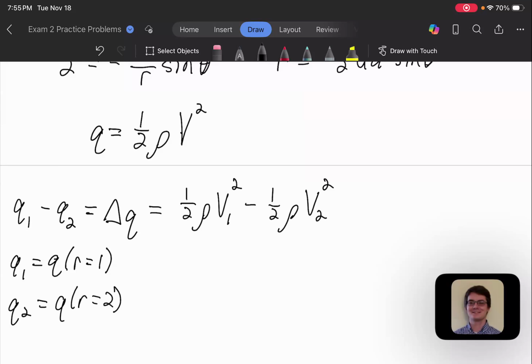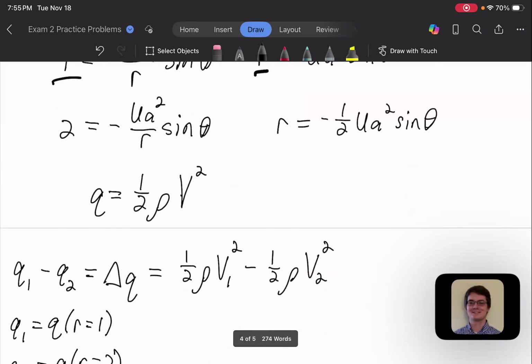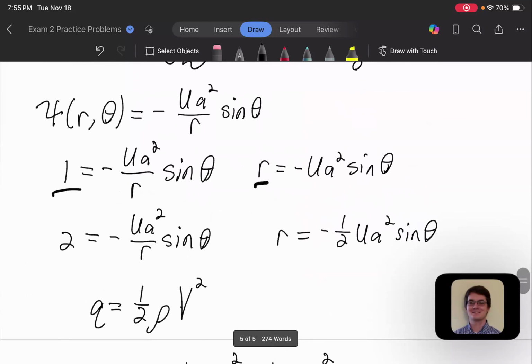Now what? Find V1 and V2. So how do we find V1 and V2? Yeah. Take the derivatives of the stream function.